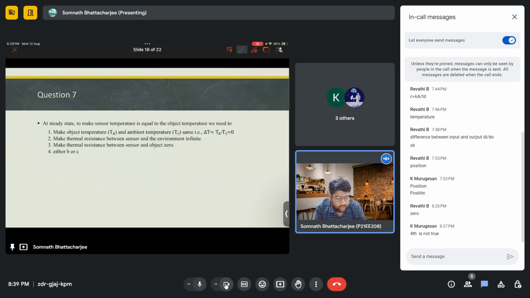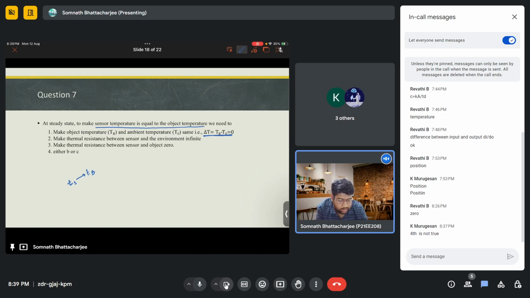The question is that we need to make the temperature of the sensor equal to the object temperature, not the object and the ambient temperature. So how can we make the temperature of the sensor equal to the temperature of the object? To get this, we can make the thermal resistance between the sensor and the object zero.